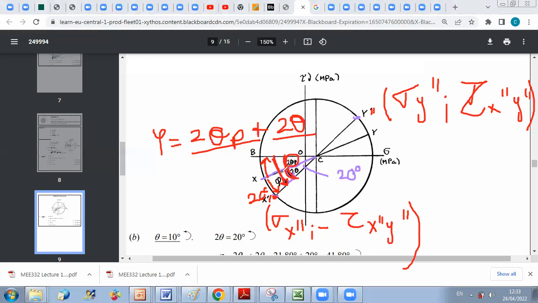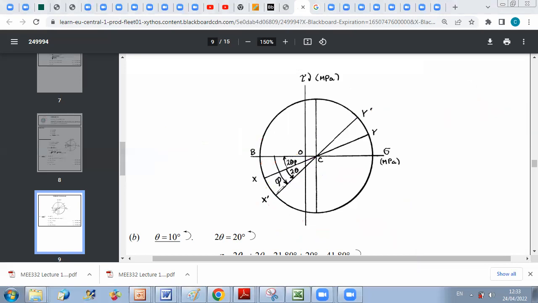And once I find the value of phi, all I have to do is project here, and if this is X second, I can call this point F second.